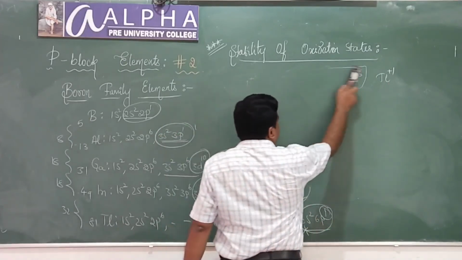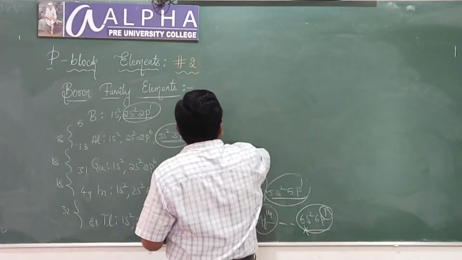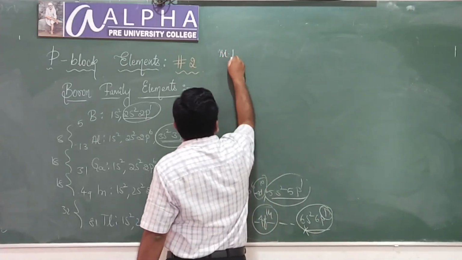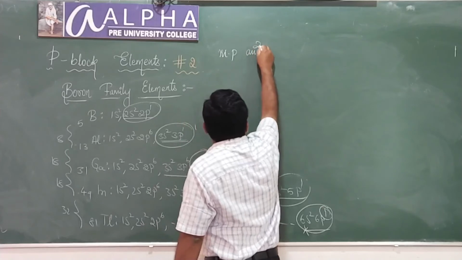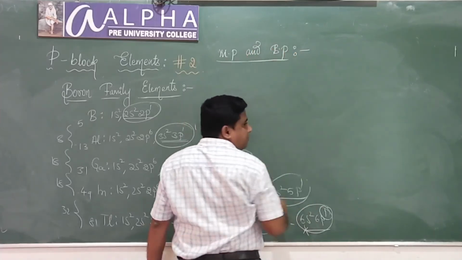Now next, what about the melting point and the boiling point of boron family elements?